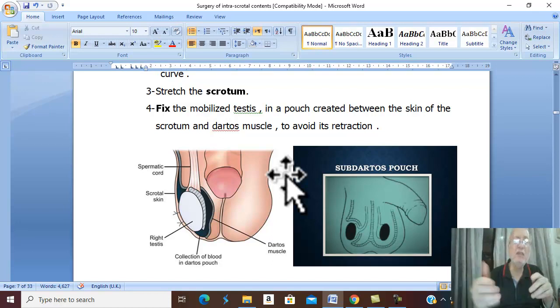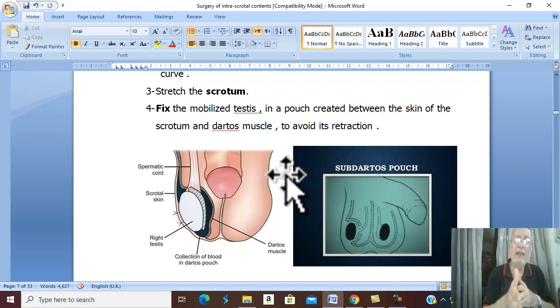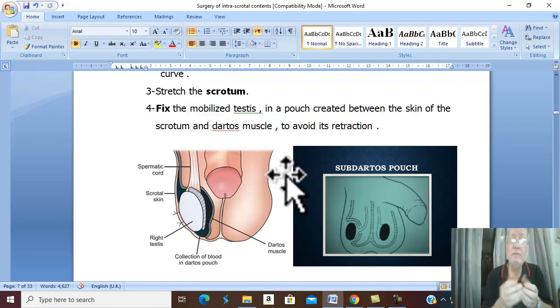Divide all adhesions, any septum in the inguinal canal, any obstructing agent in the way of the testis, dissect and elongate the testicular vessels and the vas by dissecting and mobilizing the spermatic cord and the testicular vessels from the surrounding structure, from the adherent peritoneum.